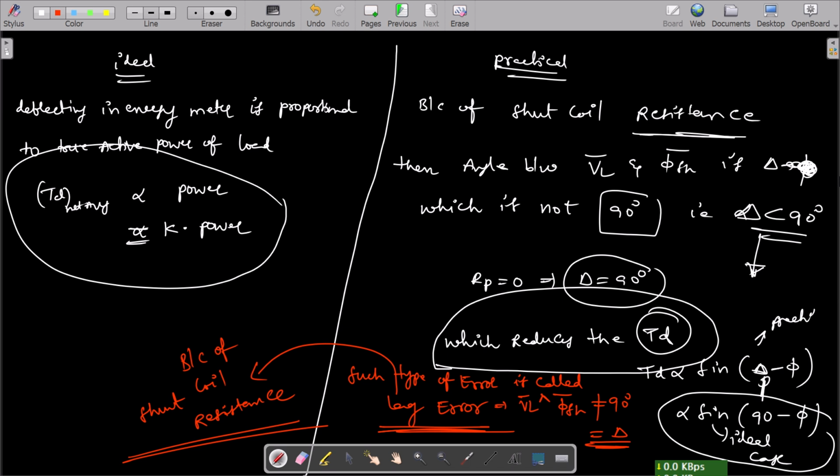So as a final note we can say that the deflecting torque will be proportional to phi SC RMS and phi SH RMS, sin beta and cos alpha.